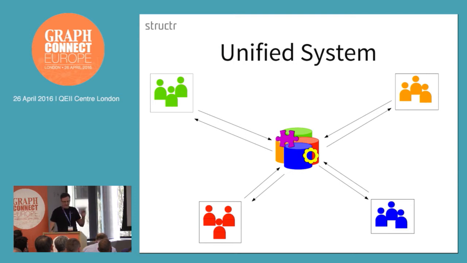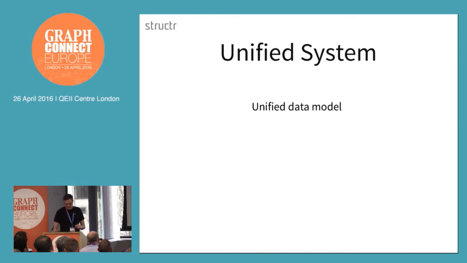There's one central system which has all the data sources integrated very tightly, which has the processes integrated and a unified data model. And the different departments talk to this central system in a very special way. So what do you need? A unified data model. This is a major task in itself. It's not very easy.